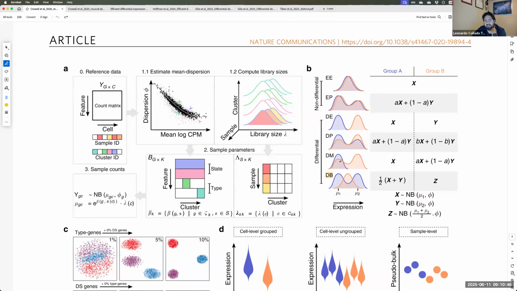There's this DM scenario, differential modality, where the two curves have different numbers of modes, and then this DB scenario where one has a single mode in the middle, whereas the other has two modes, and they don't overlap at all with the orange mode. So it's more complicated scenarios. They test all these scenarios.